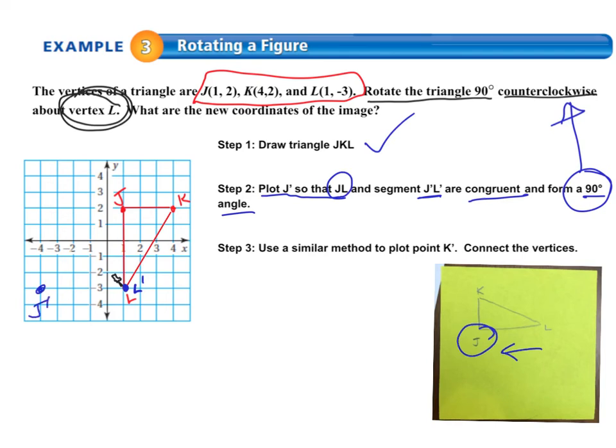And then I need to go up to get to K. So I'm going from J to K. I noticed that in the original figure, that's a distance of 3 units. So I need to go up 3 from J prime to K prime. Use your ruler to draw in the lines, and now we have our image.